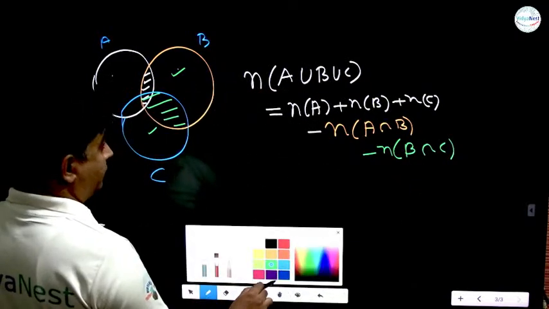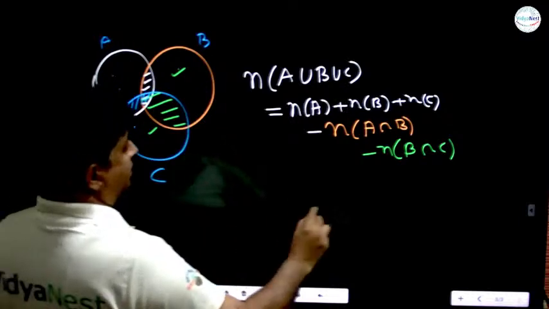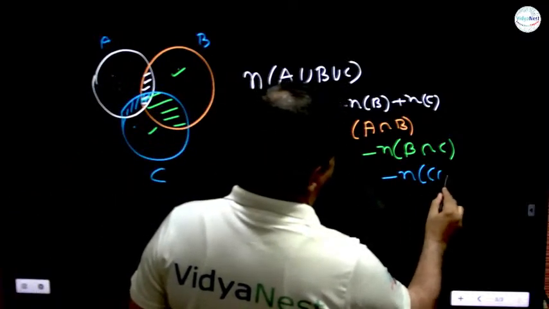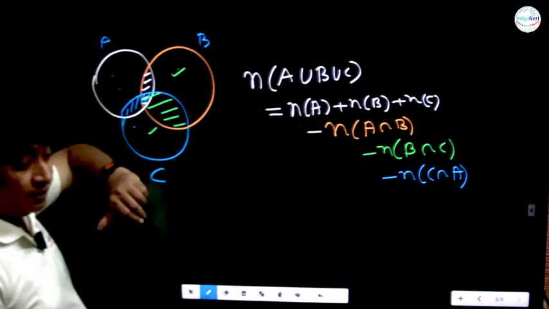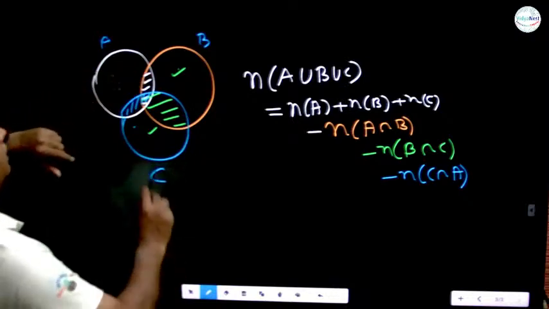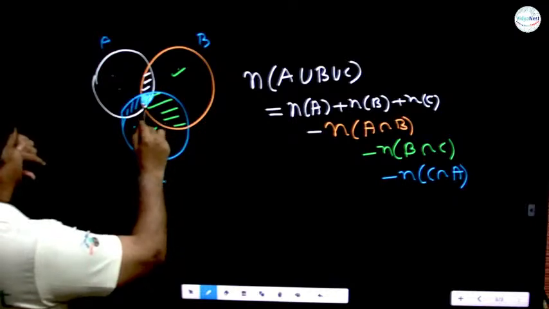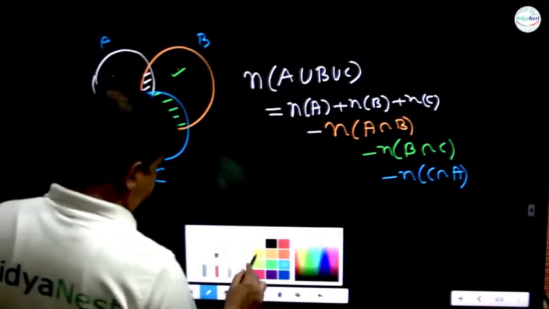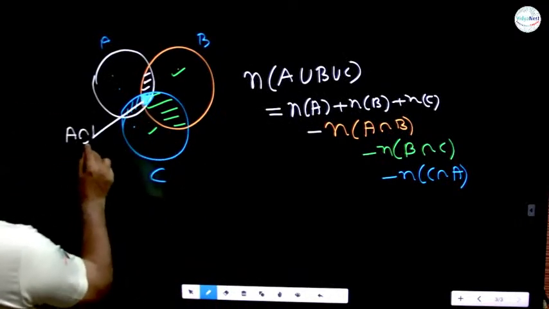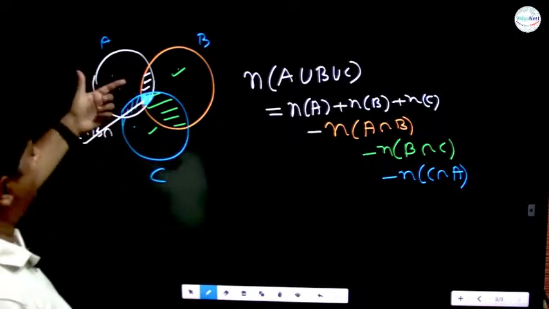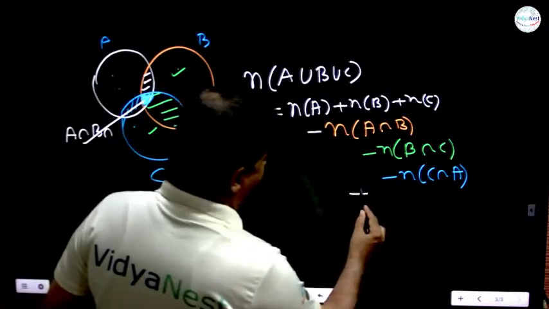And when you are adding this to this, the common region has to be subtracted. Now in the matter of subtraction, this common region, which is the common region of A, B, and C, is subtracted or excluded twice, so just to balance, we add one.